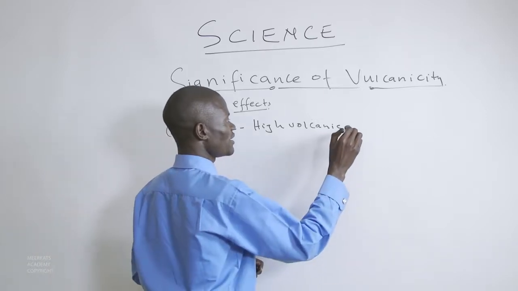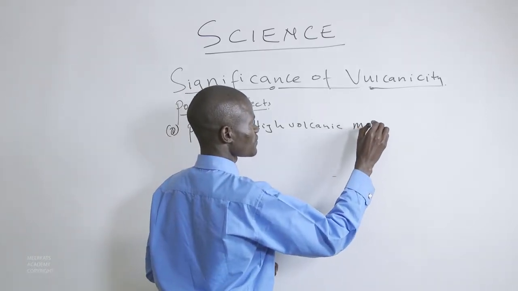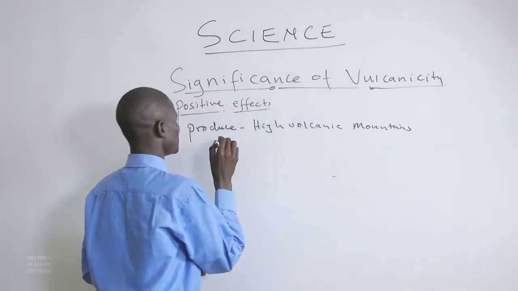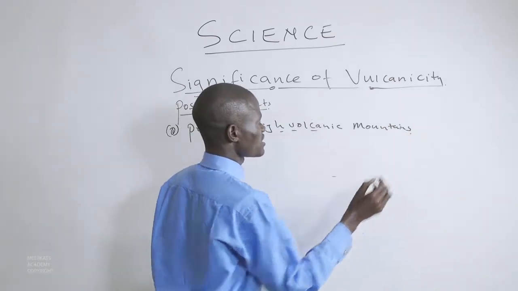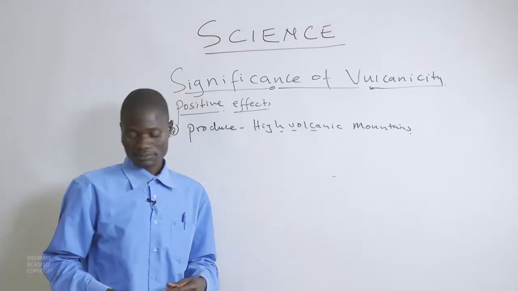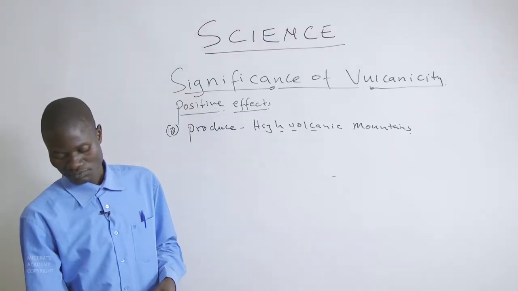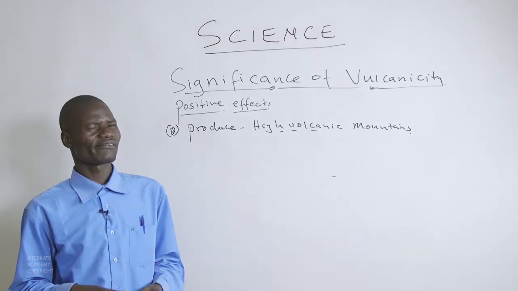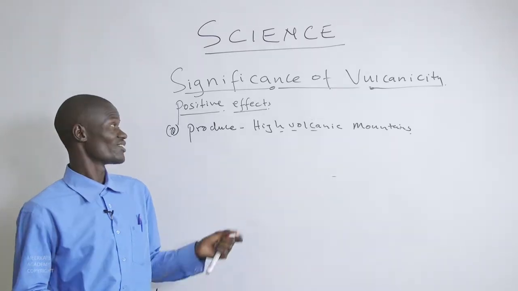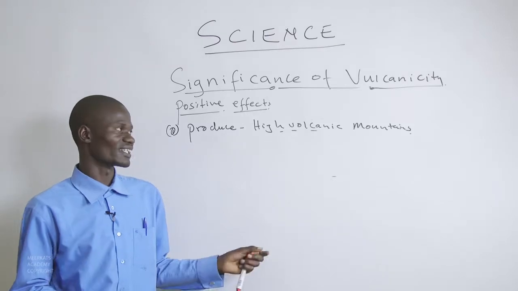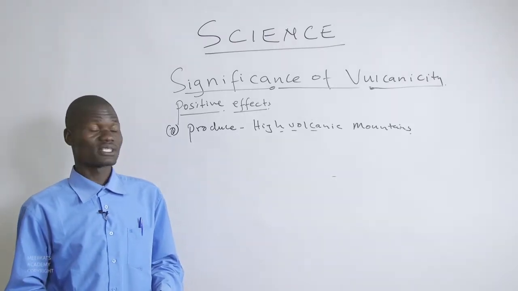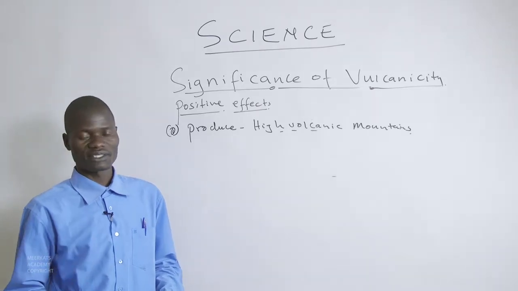When you look at the high volcanic mountains, they are a part of our physical environment. What is their use? Do we have any significance that could be positive about the high volcanic mountains? Perhaps there are numerous when you carefully look at them.